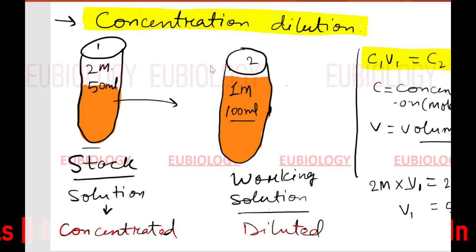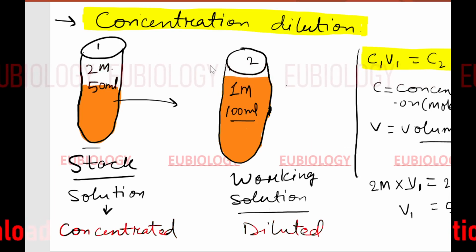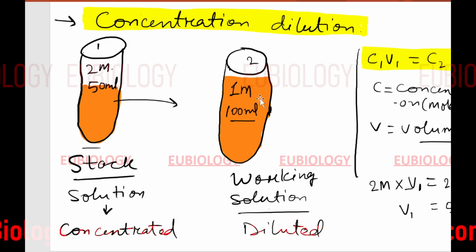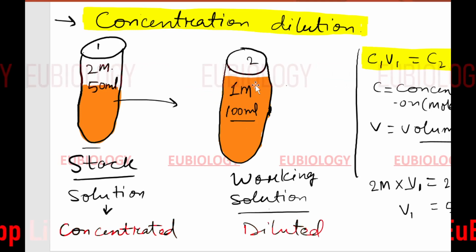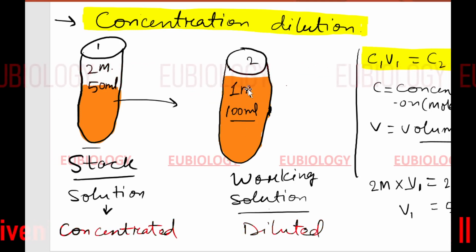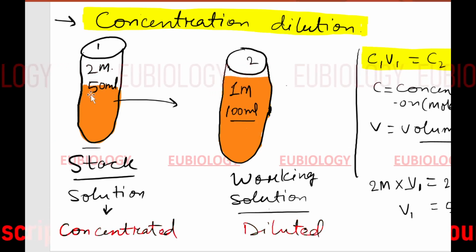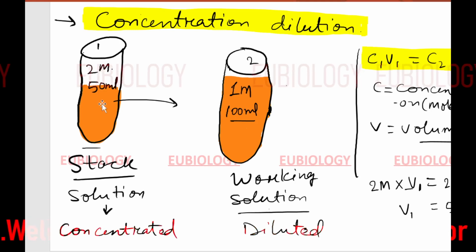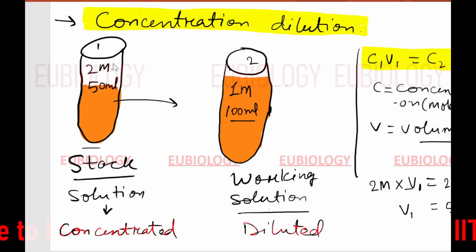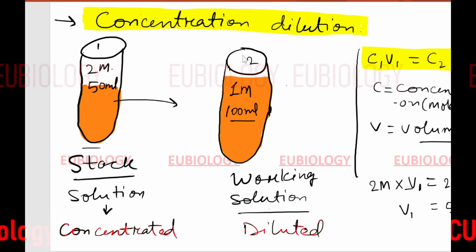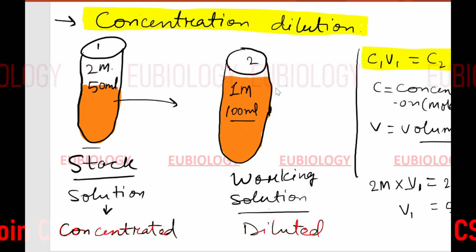Concentration dilution is like if I have to make 1 molar, 100 ml of solution from 2 molar, 50 ml of solution. How much ml do I have to take from here, and how much water will I add? That is your question.